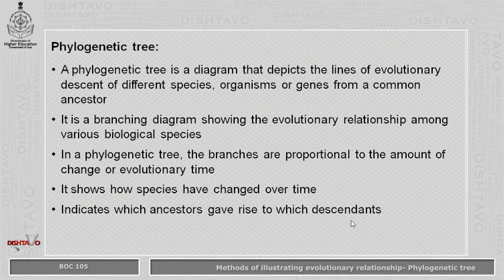It is a branching diagram showing the evolutionary relationship among various biological species. In a phylogenetic tree, the branches are proportional to the amount of change or evolutionary time. It shows how species have changed over time, and it also indicates which ancestors gave rise to which descendants. So all these things you will come to know through a phylogenetic tree.